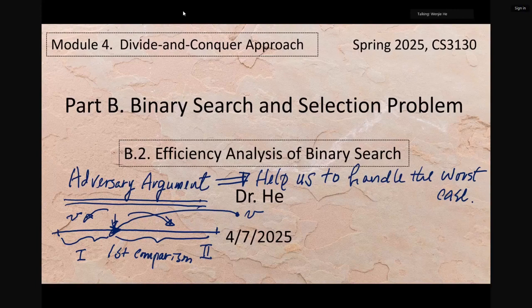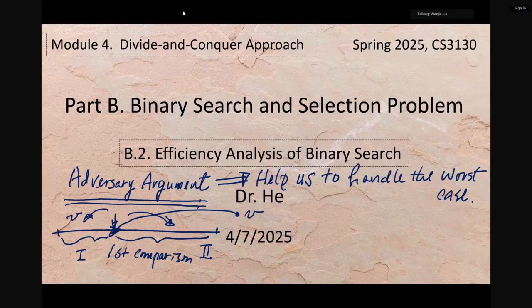Which one do you think the adversary would give us? Case one, case two? Case two, because case two is longer. The size of the subarray is larger, so you need to do more work. When you work on a larger data size, you need to do more work; with a shorter subarray, you need to do less work.